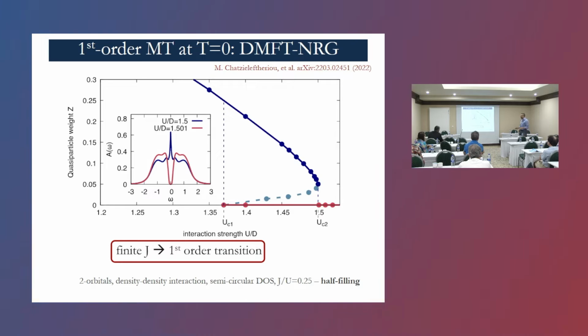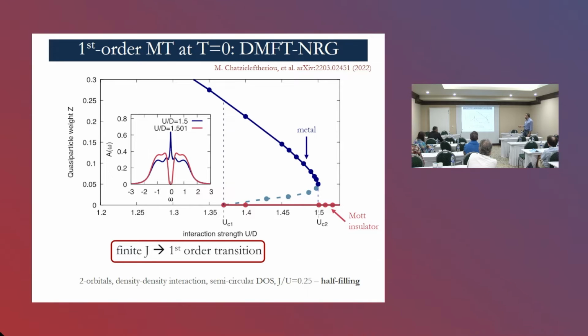Now we have studied this to state-of-the-art accuracy at zero temperature, with the numerical renormalization group as an impurity solver for DMFT, and indeed we can reproduce this jump. This is the same quasi-particle weight Z as a function of the interaction strength for some finite Hund's coupling. We have the metallic branch that ends and doesn't touch the insulating branch, which is this red Z equals 0 branch.